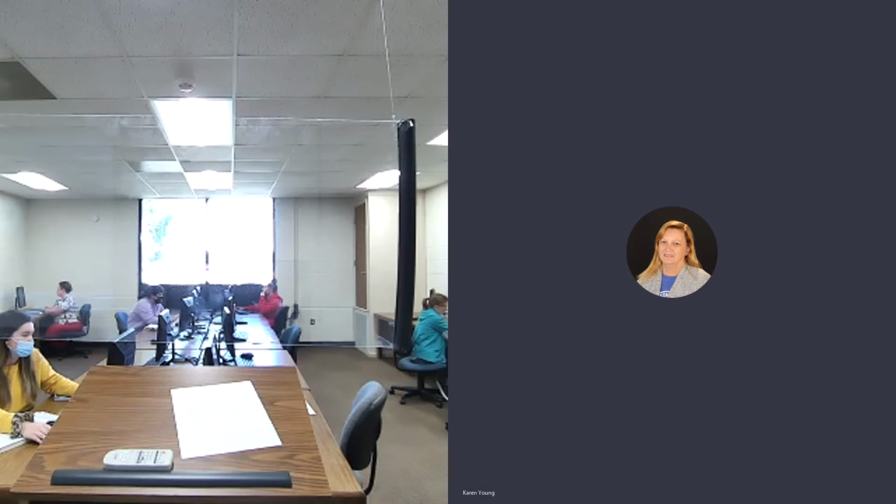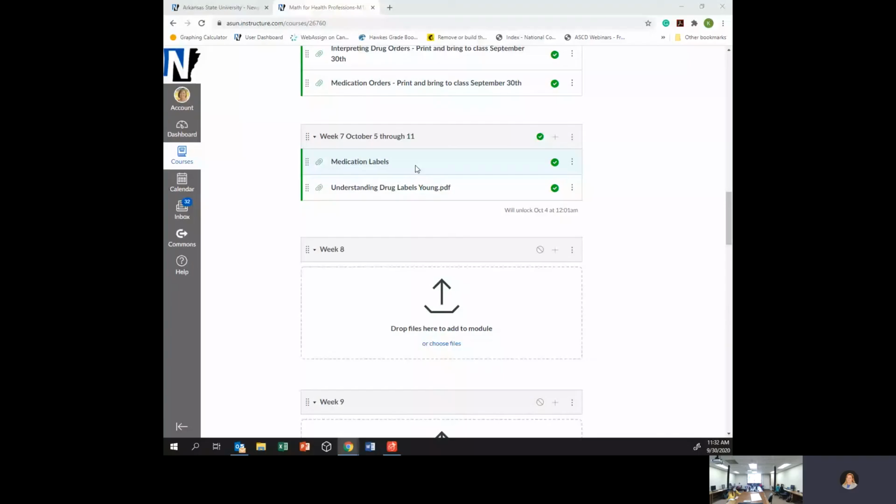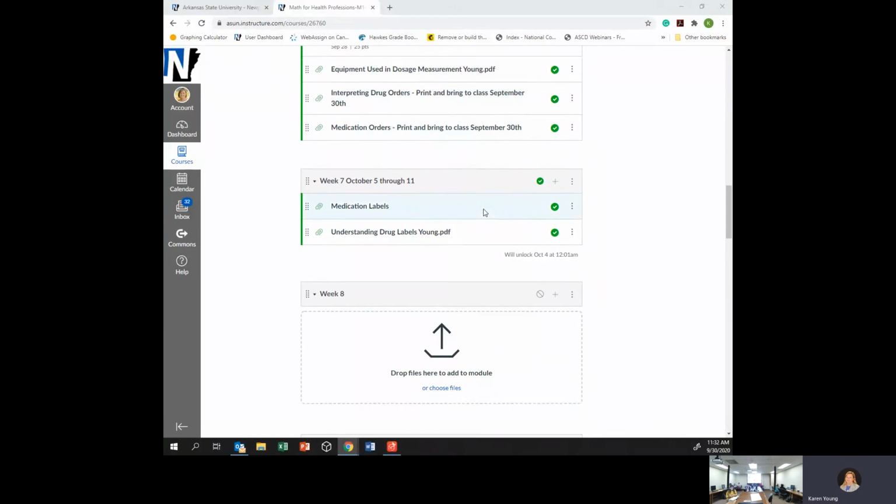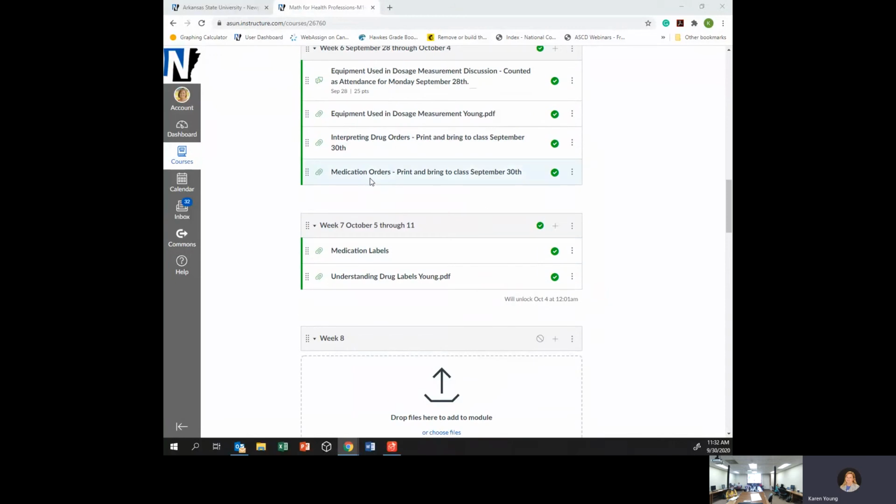Okay. So the medication orders, that's the one you need. This other one's labeled wrong. It's actually oral dosages. But we're going to look at the medication orders. And so I'm going to pull that down.